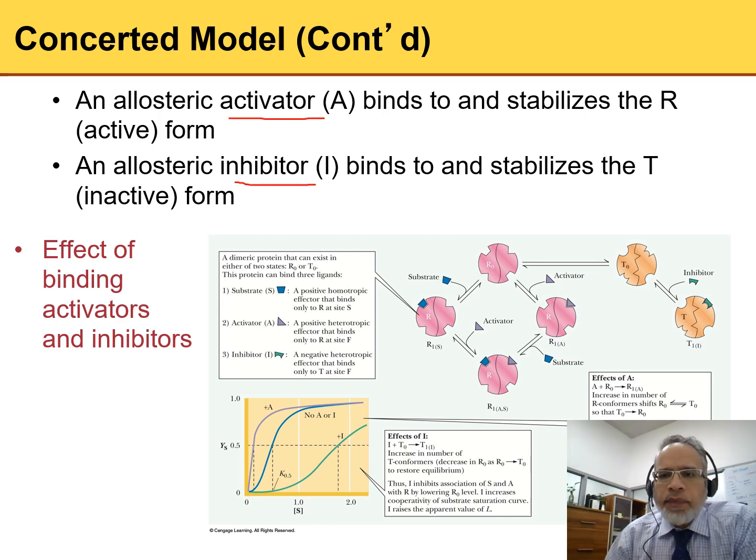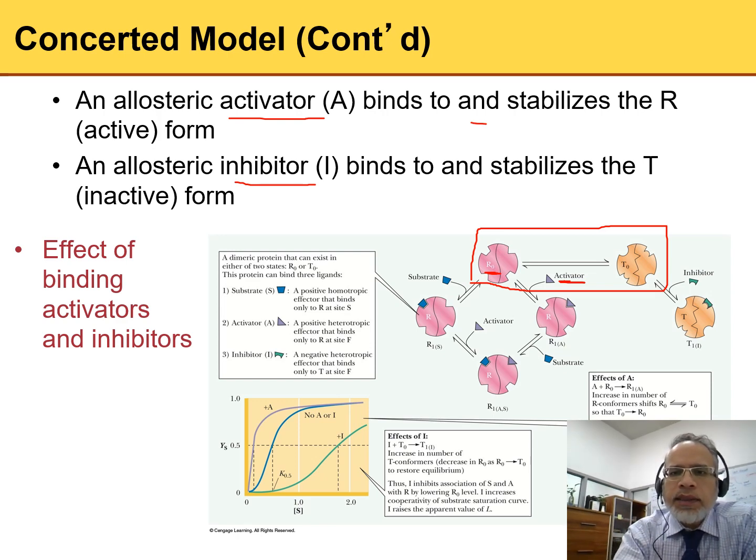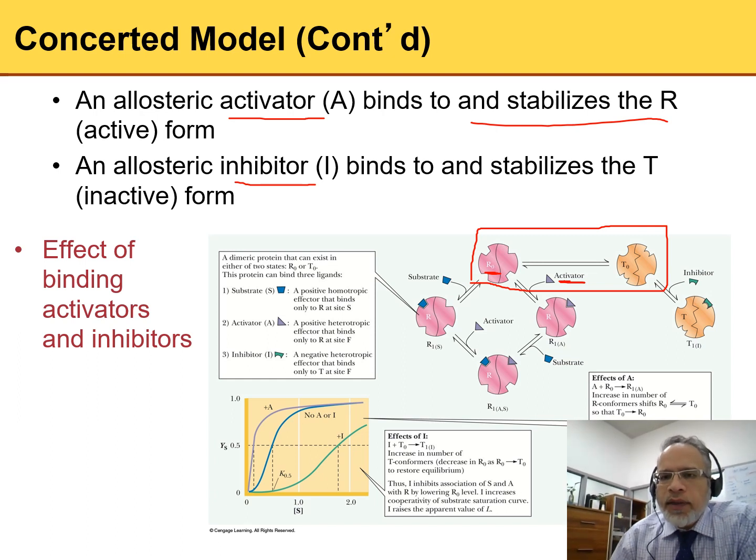An activator will bind to the R form, the active form, and stabilize it. Likewise, an inhibitor will bind to the T form and stabilize that. So inhibitors stabilize the equilibrium in that direction, and activators push it in this direction.